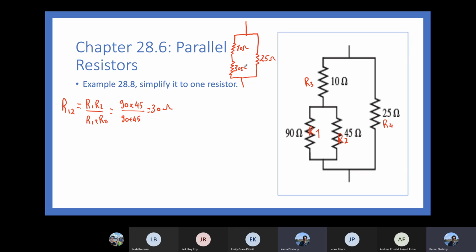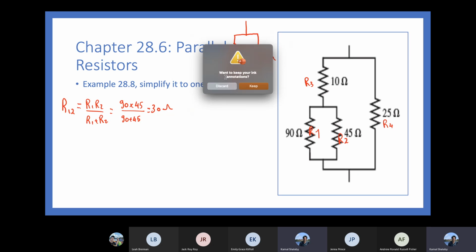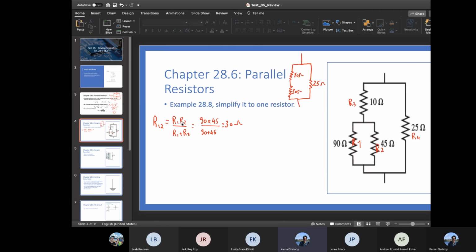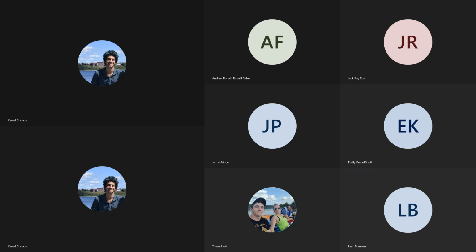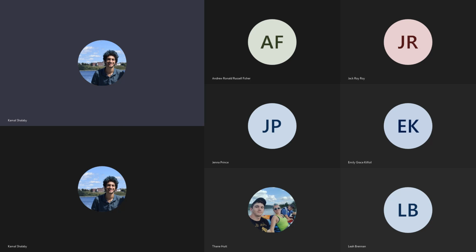Wait, so the one on D12 is not right? Okay, well, let me change that really quick if people are trying to join. Oh, the one on PAL is not the right one.